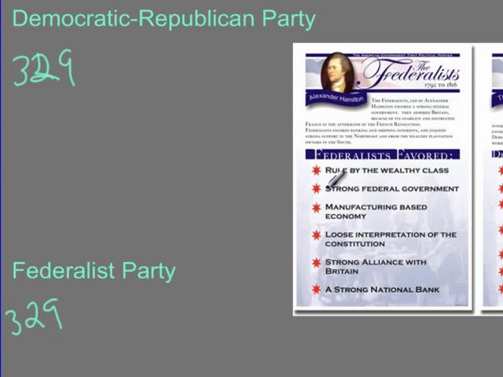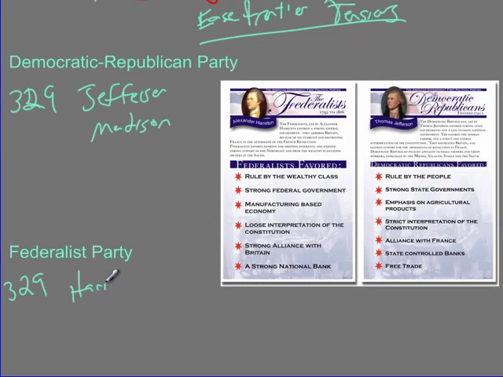Basically, the leaders of the Democratic Republicans are Jefferson and Madison, and the Federalists are Hamilton and Adams. If you look at this chart over here, it outlines some of the things. Federalists wanted a strong national government. Democratic Republicans wanted strong state governments. The Federalists wanted an alliance with Britain because they thought the trade would be better.